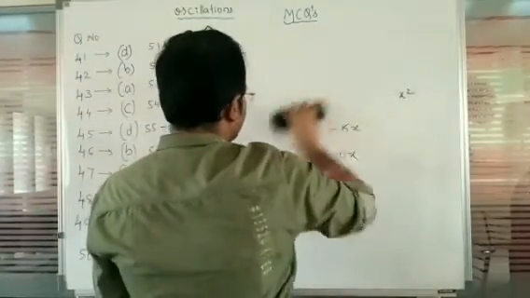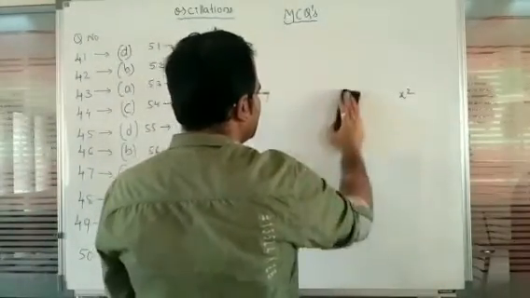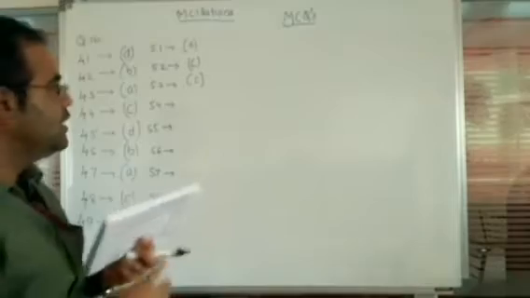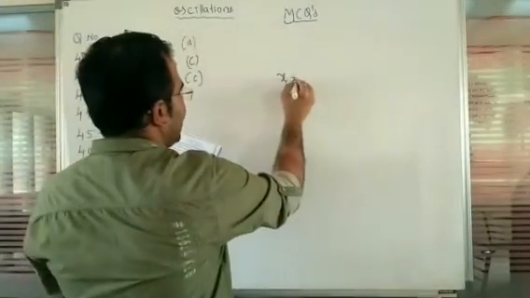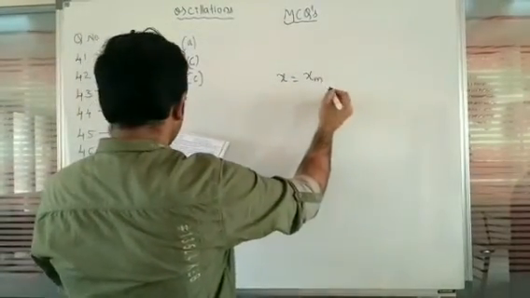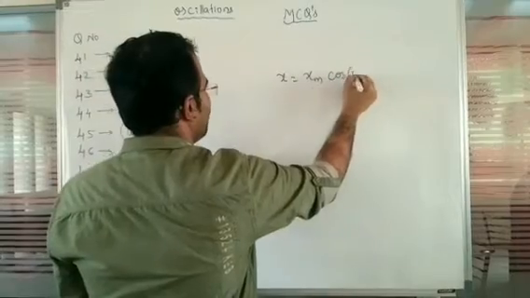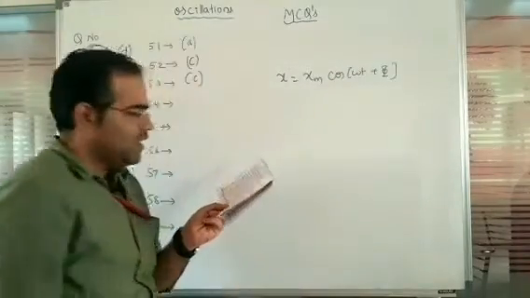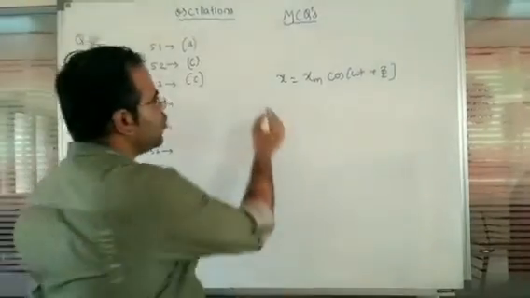Next, after question number 53, now question number 54. The equation is given: x is equal to xm cos of omega t plus phi.